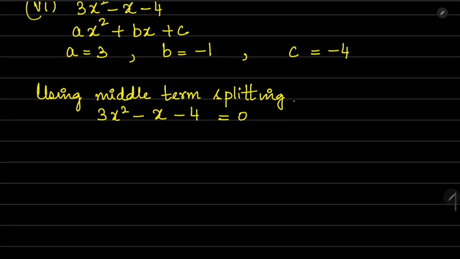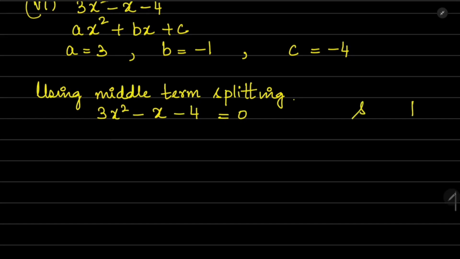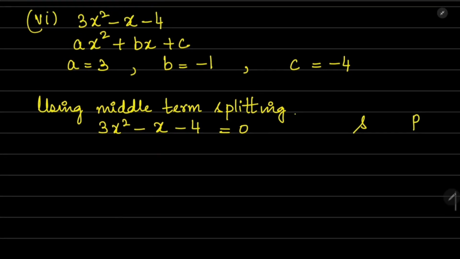So what should be the sum and what should be the product? Sum should be minus 1, which is b. And the product should be a into c, so 3 into minus 4, which is minus 12.